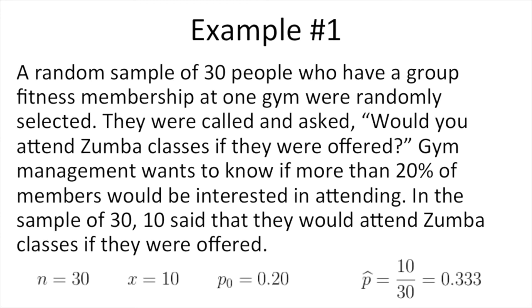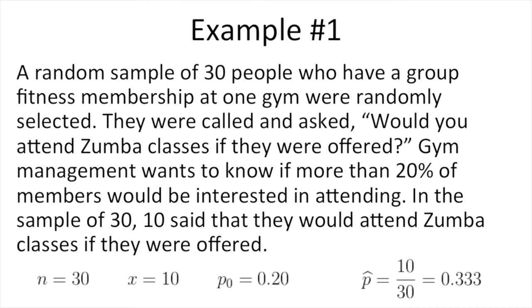A random sample of 30 people who have a group fitness membership at one gym were randomly selected. They were called and asked, would you attend Zumba classes if they were offered? Gym management wants to know if more than 20% of members would be interested in attending. In the sample of 30, 10 said that they would attend Zumba classes if they were offered.